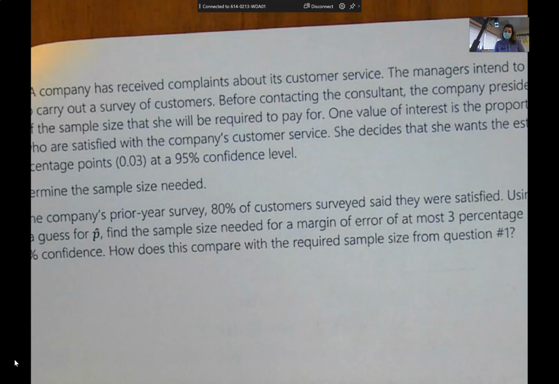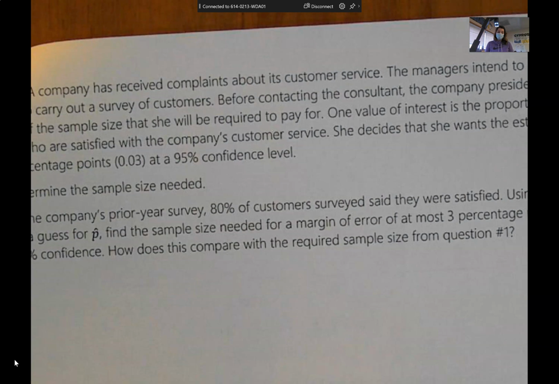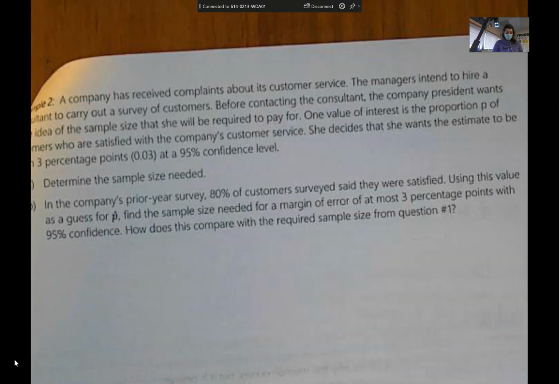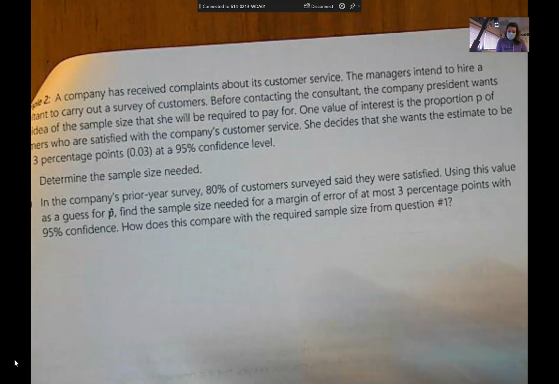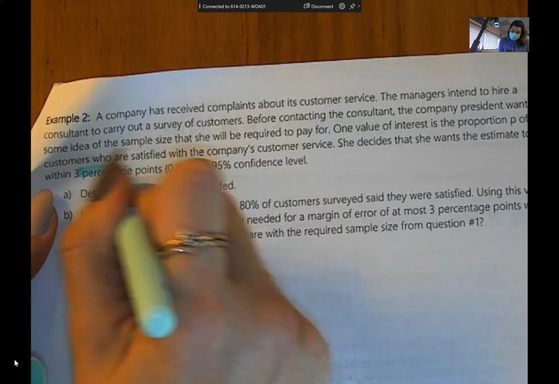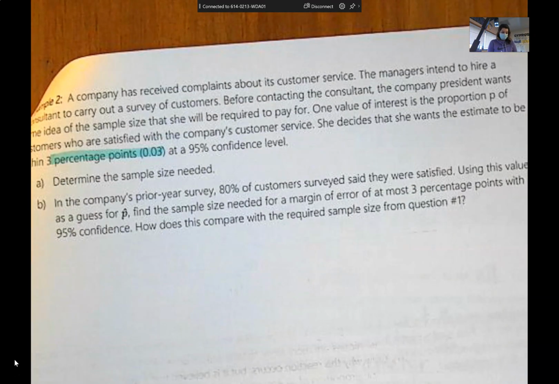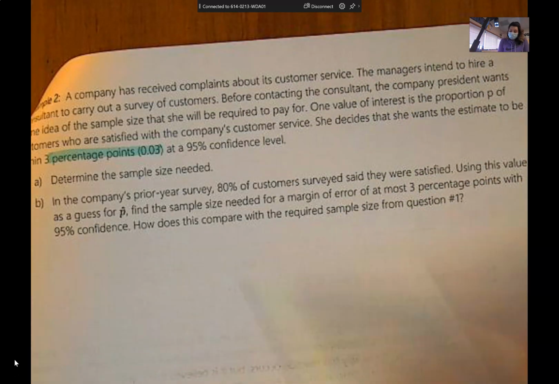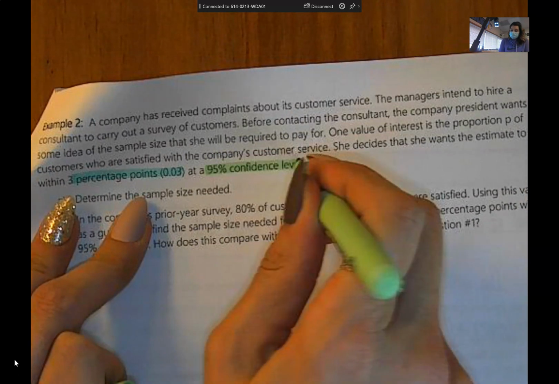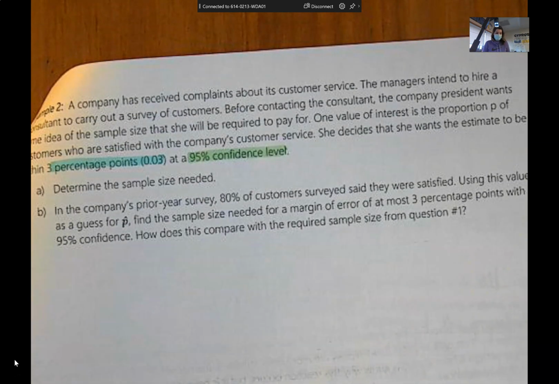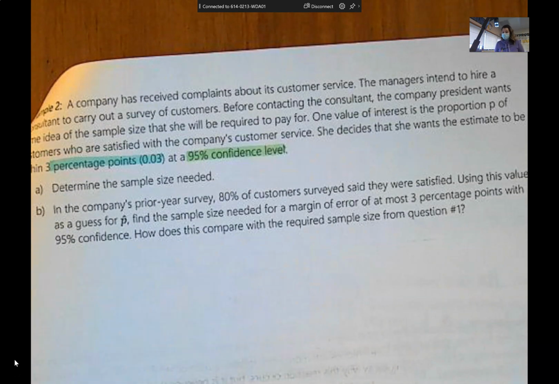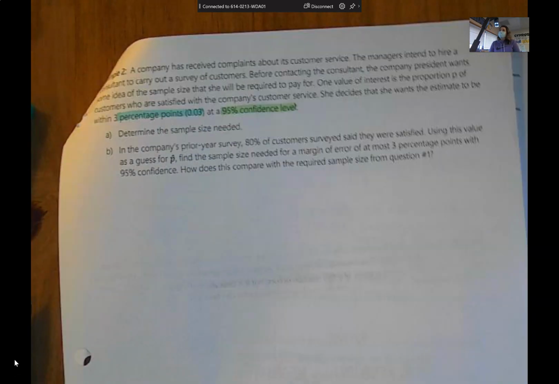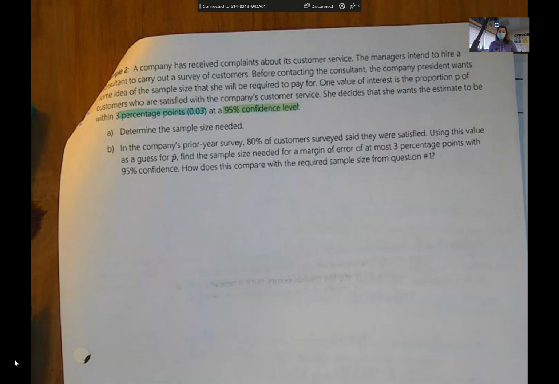She decides that she wants the estimate to be within 3 percentage points at a 95% confidence level. So we want to be within 3 percentage points, and they give you what decimal that matches. We use the 95% to find our critical value. And we're interested in p, the proportion that are satisfied with the company's customer service.